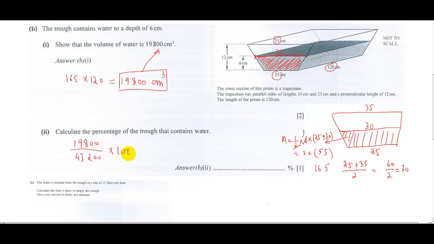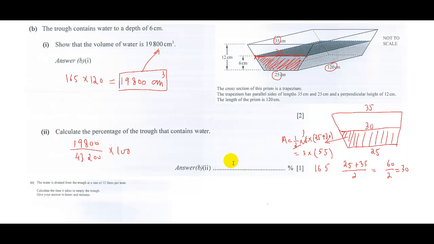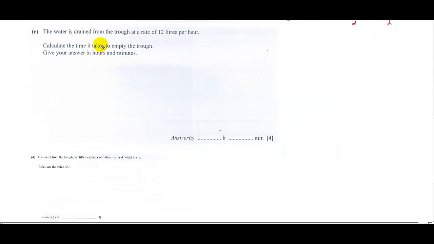So 19,800 divided by 43,200 into 100. It is 45.83 percent.